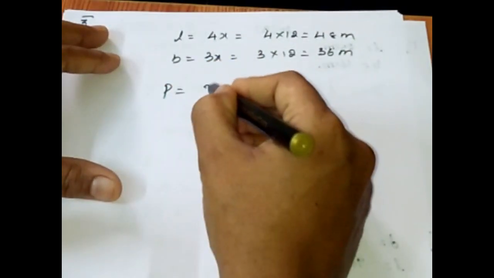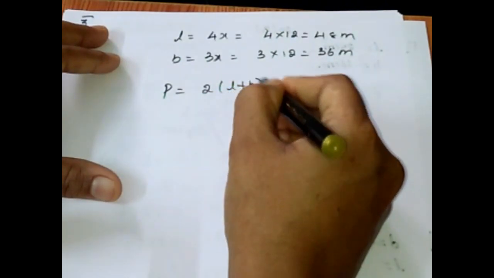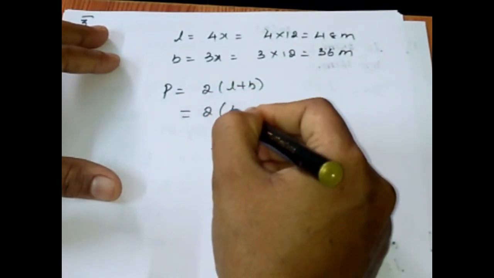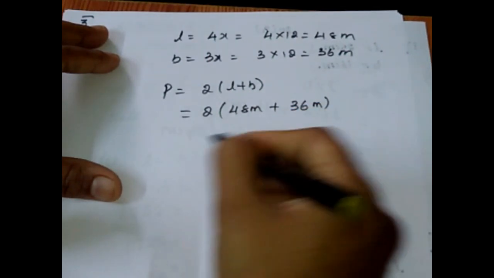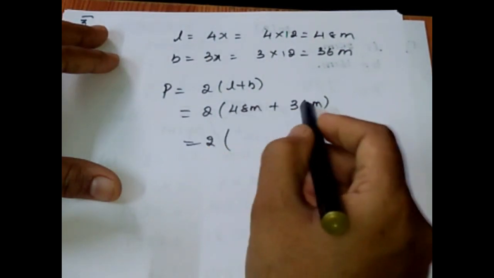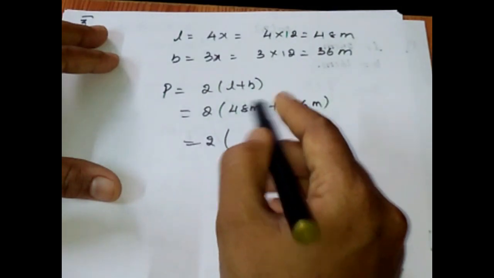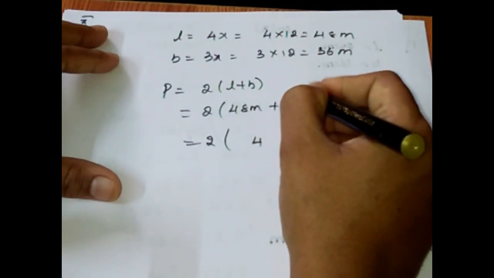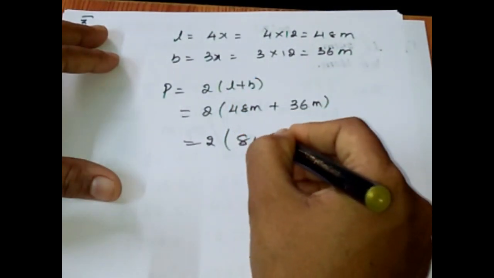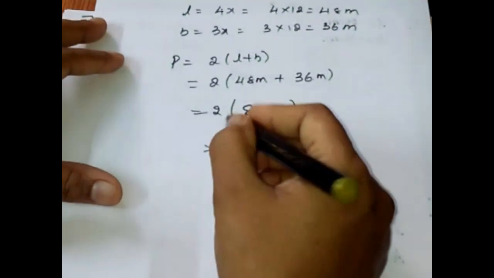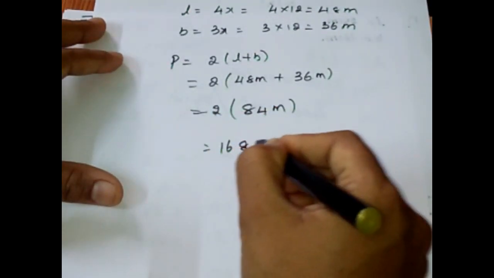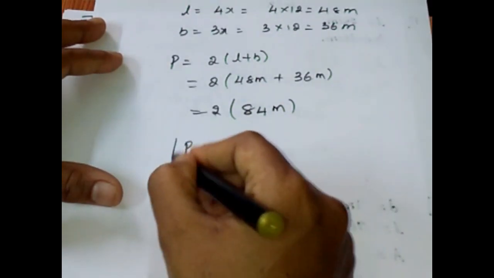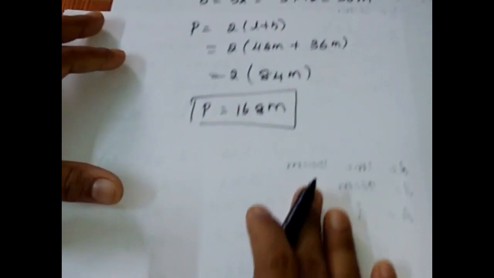Perimeter. Perimeter is 2 into (L plus B), 2 into (48 meter plus 36 meter). Add it, children. 6 plus 8 is 14. 1 carry, 3 plus 1 is 4, 4 plus 4 is 8, 84 meter. Multiply. 2 4s are 8, 2 8s are 16. 168 meter is the perimeter.